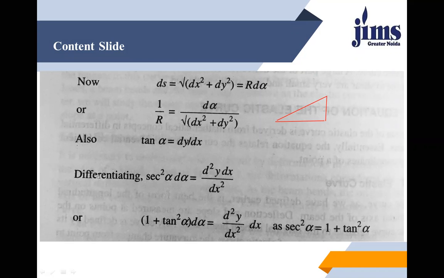Differentiating tan alpha, we get sec square alpha d alpha, and for dy by dx we get d square y over dx square into dx. We put the value of sec square alpha in terms of tan alpha, because we know tan alpha is dy by dx, so sec square alpha is 1 plus tan square alpha.